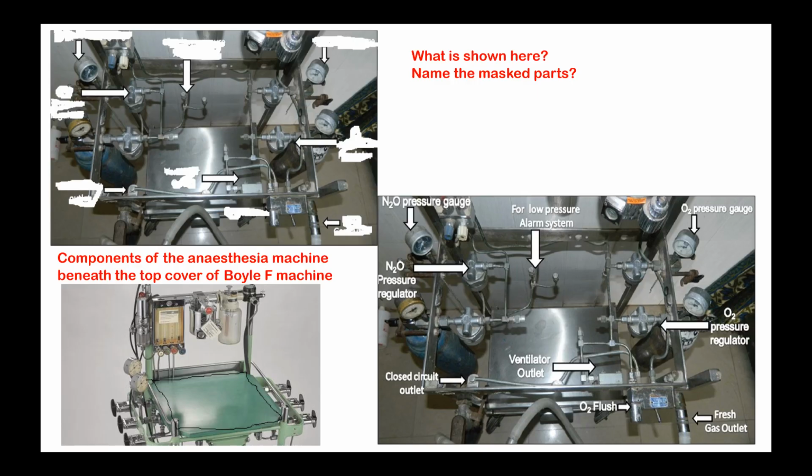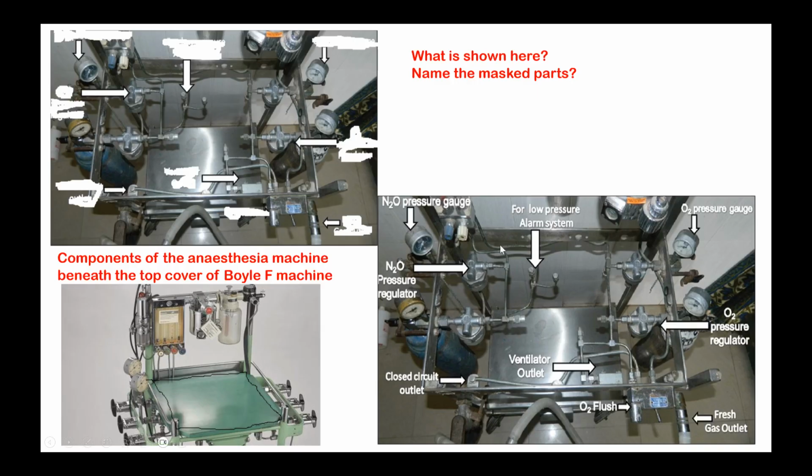That is the first half. This is where your low pressure alarms all work in the intermediate system. And once it comes to the flow meter, there is a hypoxic guard to prevent a lower volume of oxygen being delivered. So the oxygen safety mechanism can be divided into two parts. One is prevention of a drop in the oxygen supply pressure within the machine. Second is preventing the supply of a hypoxic mixture along with the other gases. These are the two things that have to be taken care of.